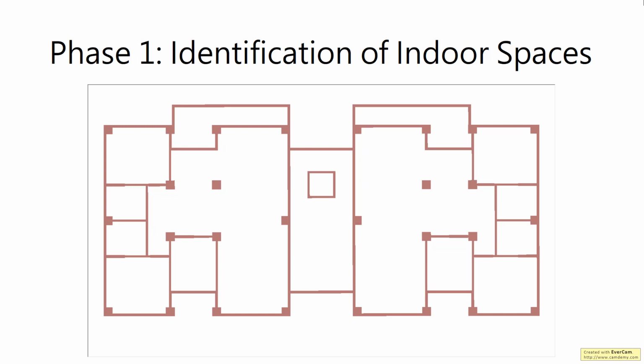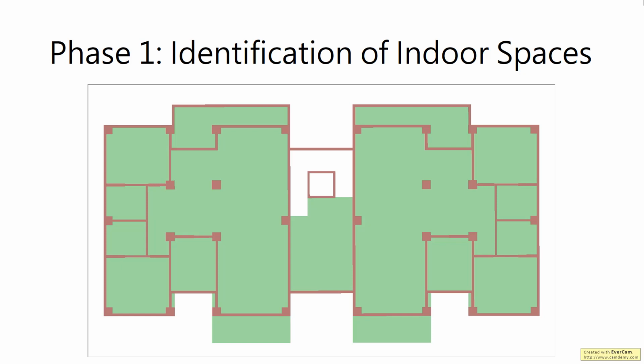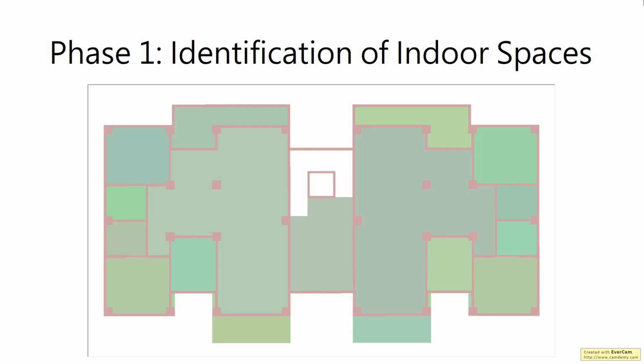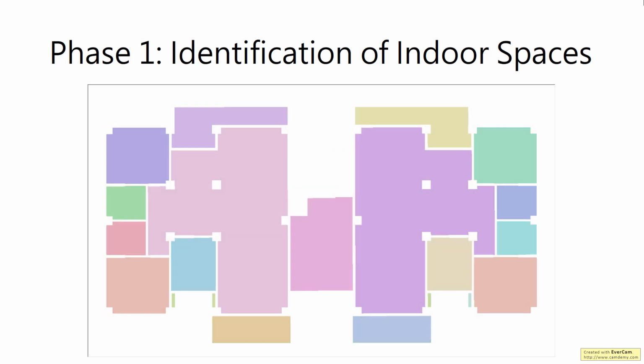Next, the algorithm cuts the entire boundary of the slab by the partitioning areas to generate the indoor spaces. And the centroid of each indoor space will be the node that indoor paths must go through.